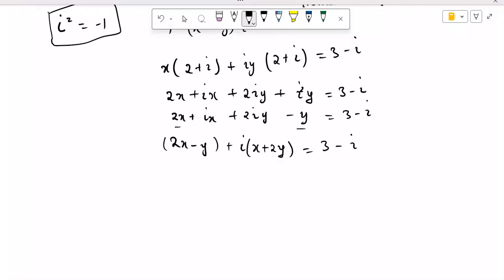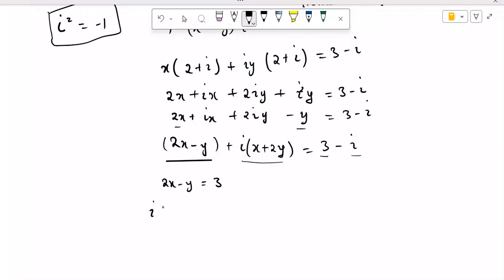So we'll group this one here with this number here, since they don't have i. Even this with i, and then we group it with this i. So you have 2x minus y equal to 3. It's one of your equations.